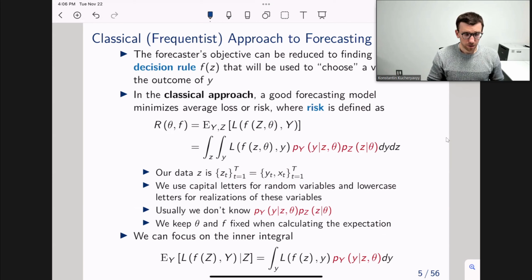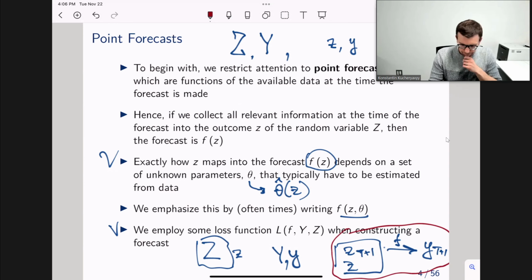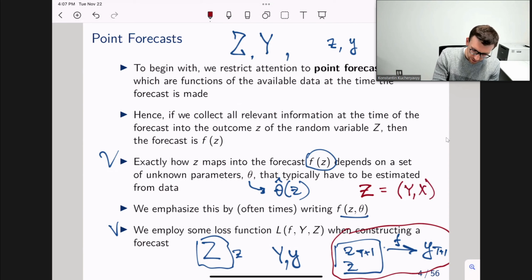So if you look at this little mapping that I showed, observe that I'm a little bit not careful here, because there is data Z that we use to construct the forecast rule, which this data Z usually, as I said, includes the whole sample of Y's and X's obtained up to time t.